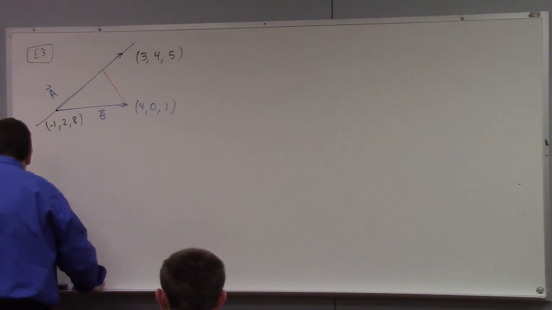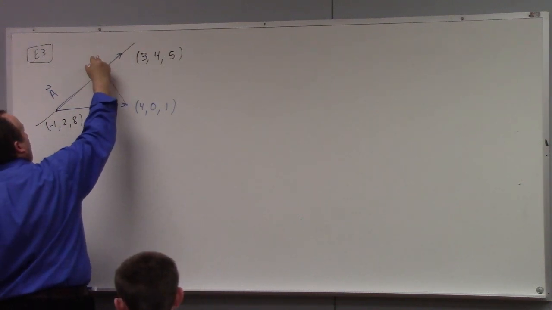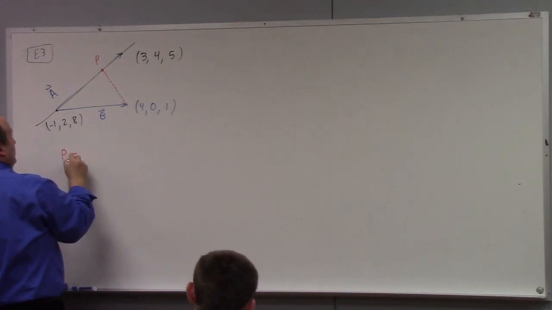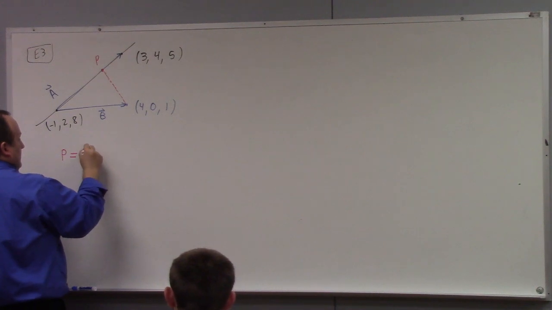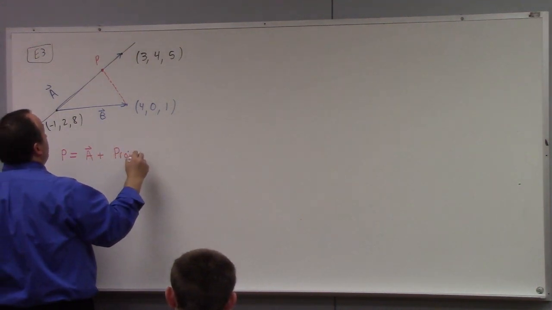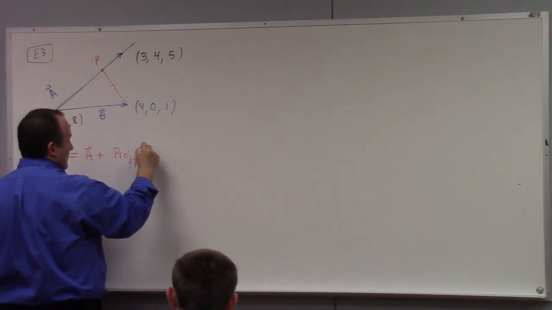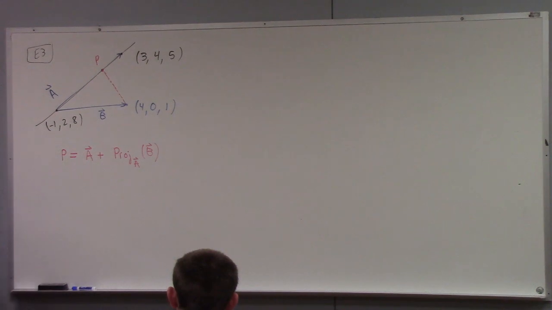Then the point I'm interested in right here would be what? P should be equal to A plus the projection onto A of B, whatever that is. That would give me the closest point.